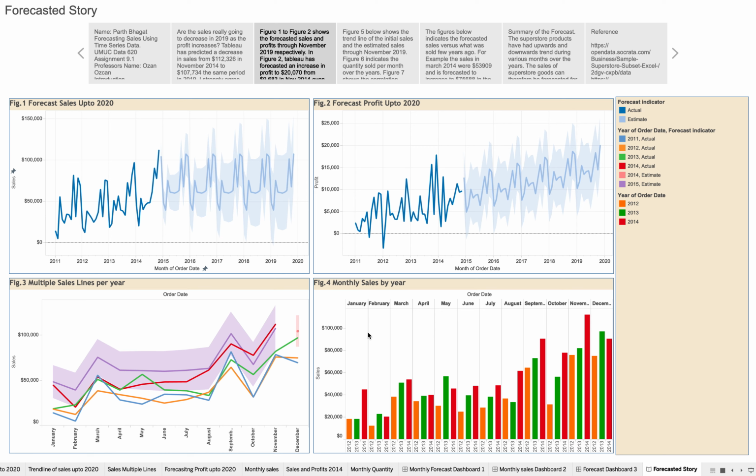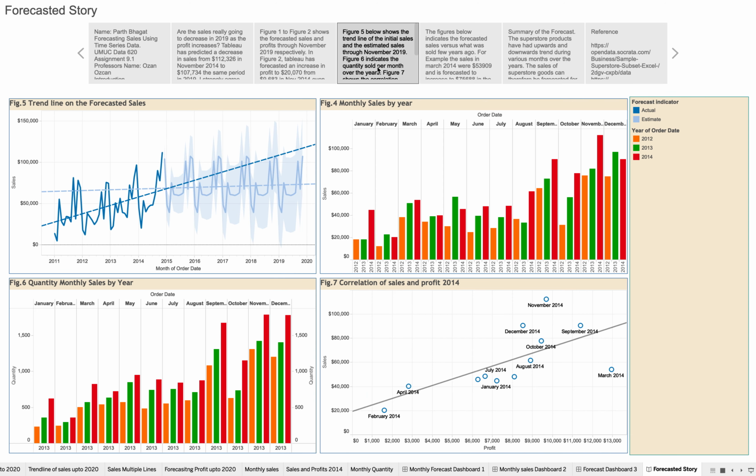But one thing to notice, guys, looking at all the graphs, is that at the end of every year we have higher sales and higher profit, even in the predicted years, it's showing high peaks there. So I'm assuming it's just because of the holiday seasons. So let's move on to the next figure.